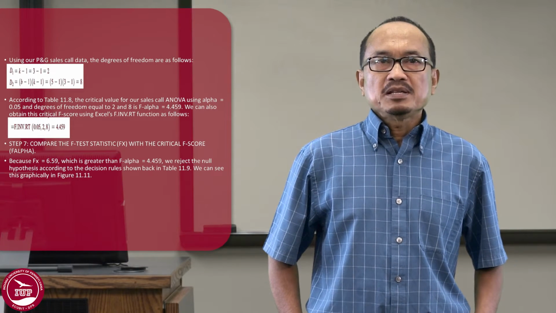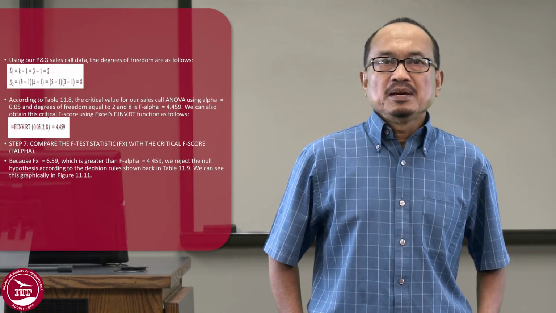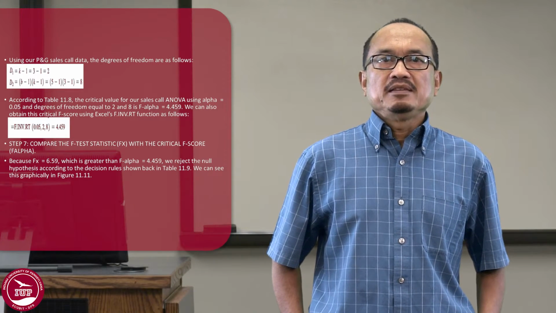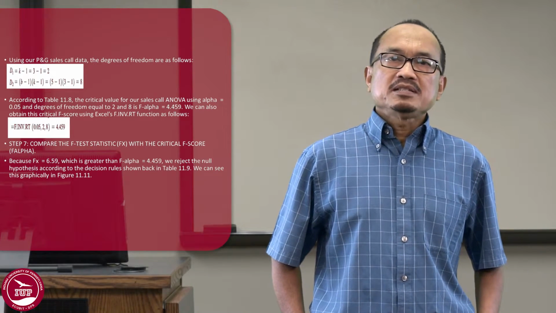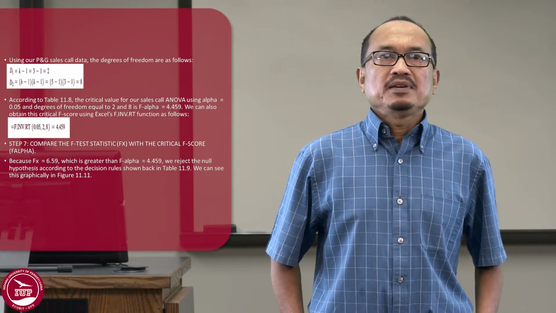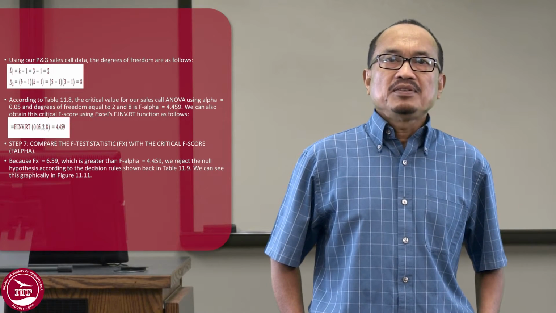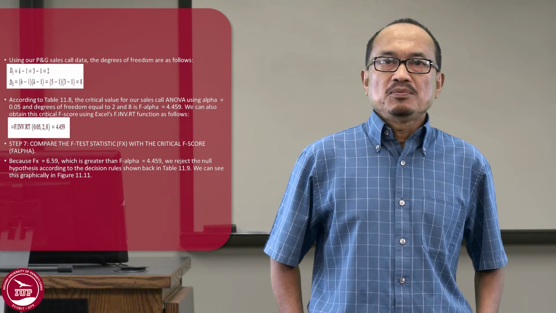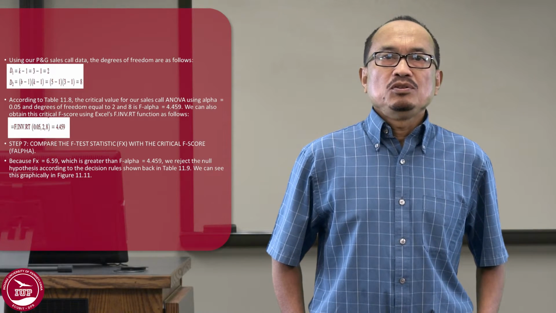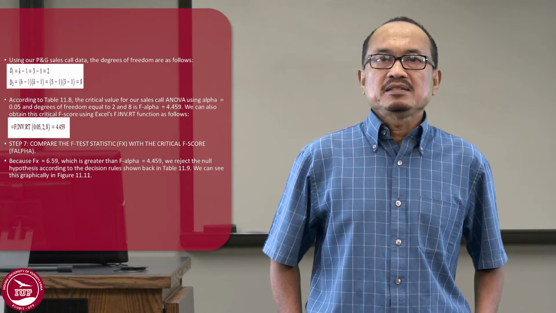D2, B minus 1 times K minus 1 is equal to 5 minus 1 times 3 minus 1 equal to 8. According to table 11.8, the critical value for our sales call ANOVA using alpha equal to 0.05 and degrees of freedom equal to 2 and 8 is F alpha equal to 4.459. We can also obtain this critical F score using Excel's F.INV.RT function as follows.